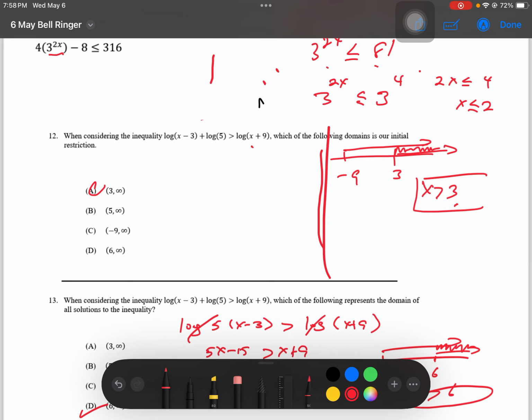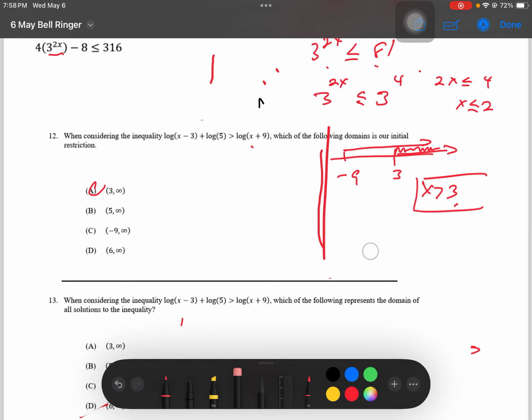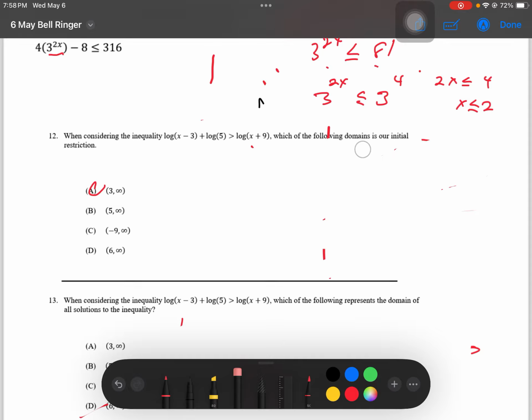Let me find some space to do this really quick. I came across this on another problem, and I thought this was a good one. If I can remember it correctly, it went like this.